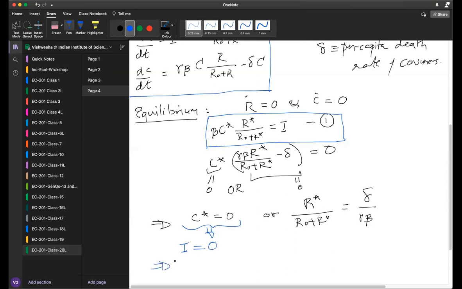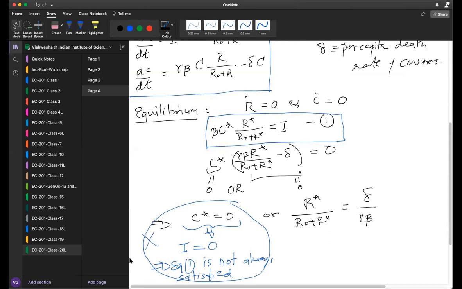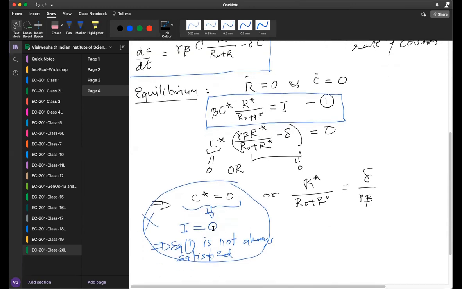Which means that equation 1 is not always satisfied. So therefore, this solution is basically ruled out as a general solution. Do you agree with this?